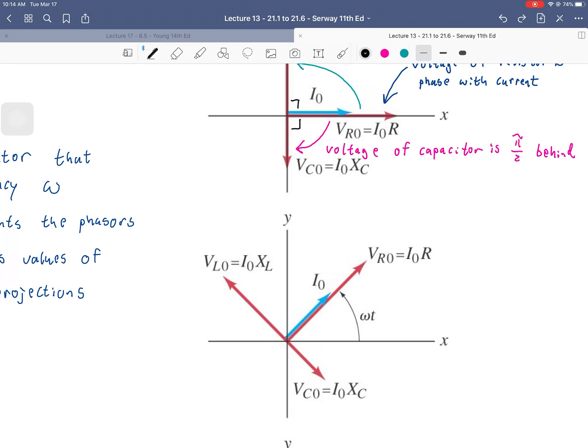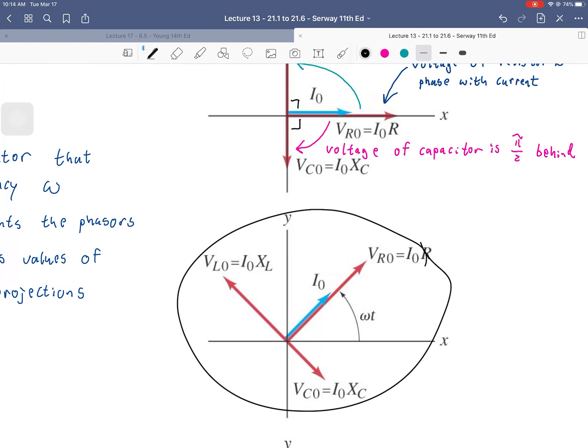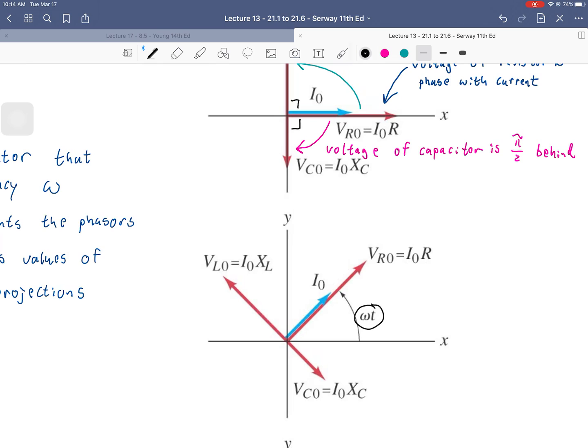And we've taken all four of those vectors and we've rotated them because we have an alternating current. So the current is changing in time. The current is varying from max to 0 to negative max. We have an alternating current.